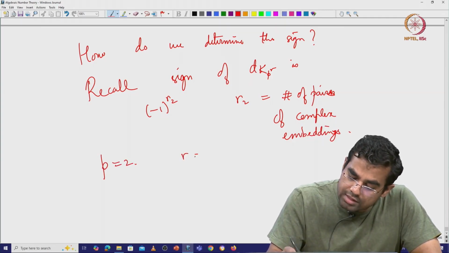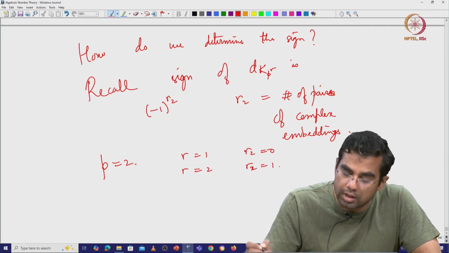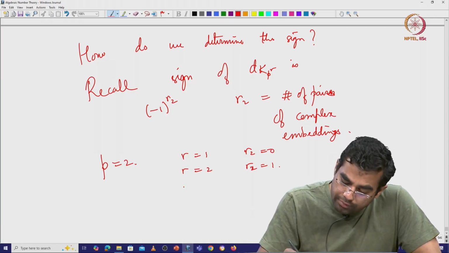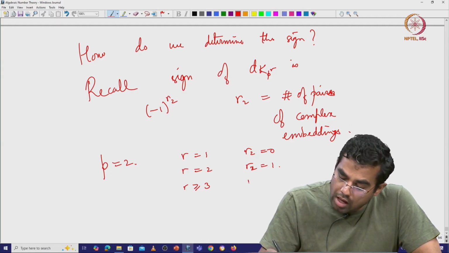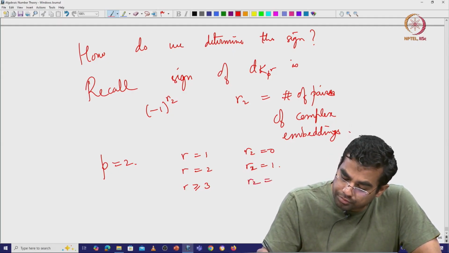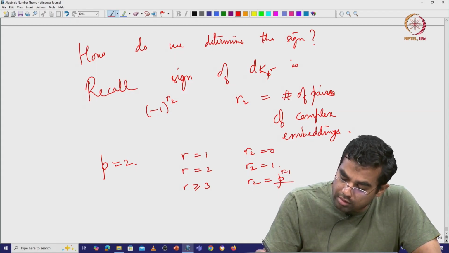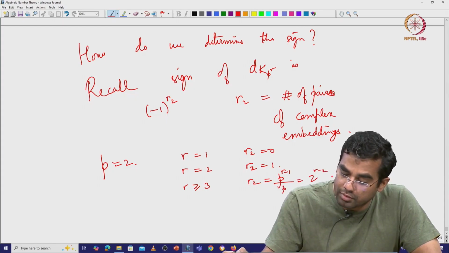If r is equal to 1, then r2 is equal to 0. If r is equal to 2, then you are looking at the 4th root of 1, then r2 is equal to 1. And if r is bigger than or equal to 3, then r2 is p to the r minus 1 by p, this is like 2 to the r minus 2, right.